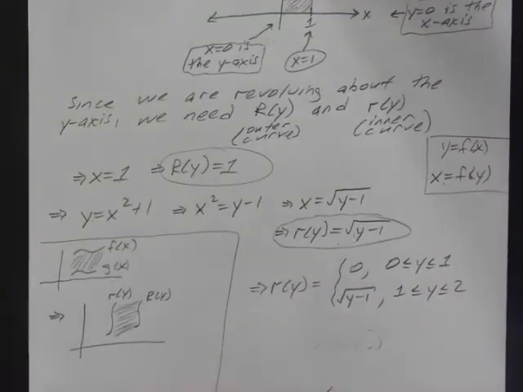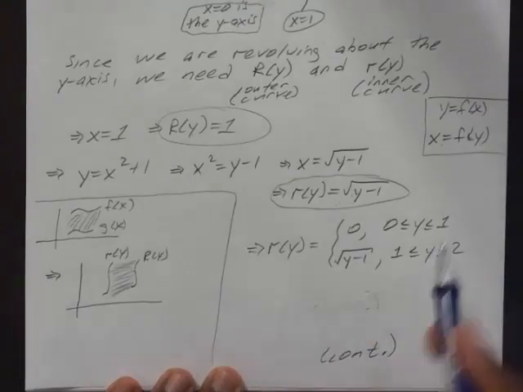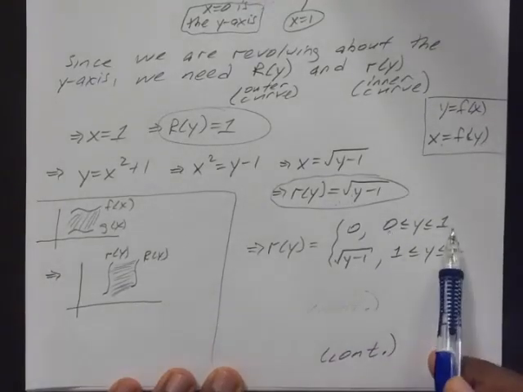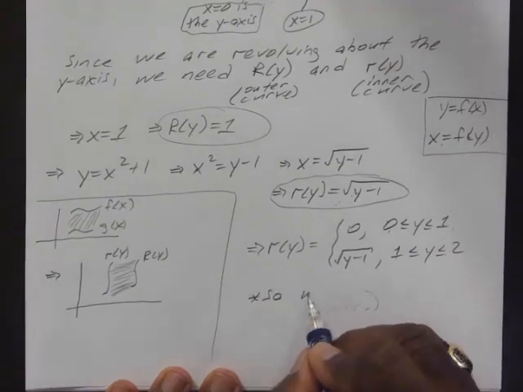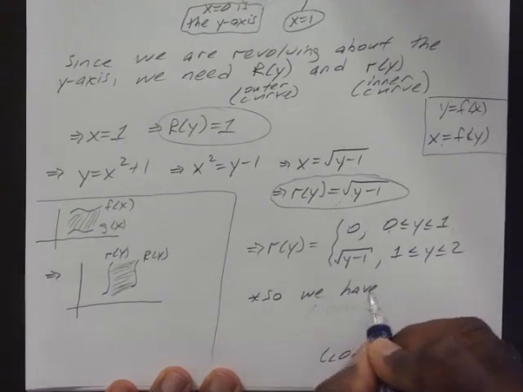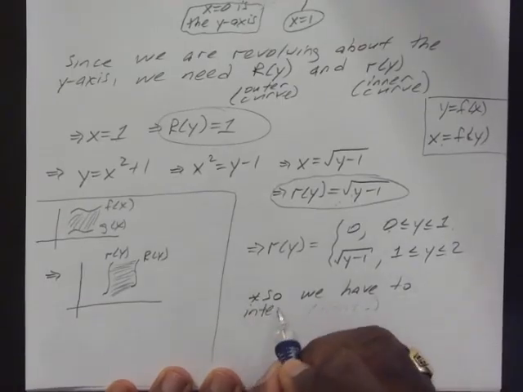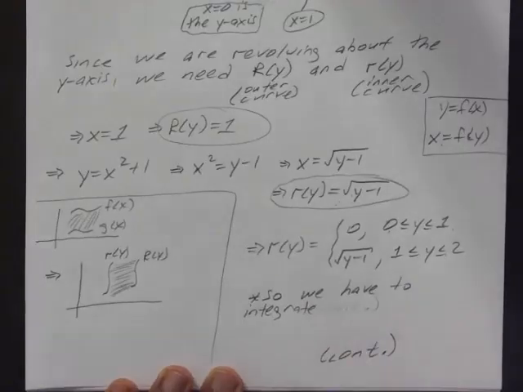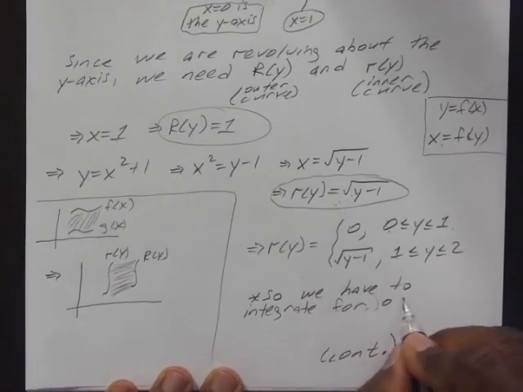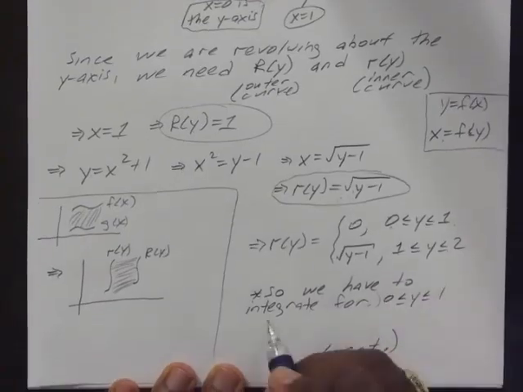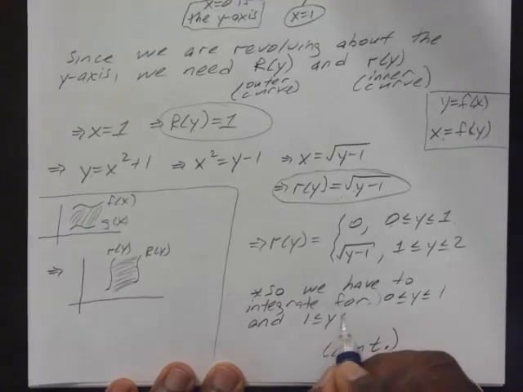There we go. Then we'll continue on the next page. Okay, so this means we have to integrate from 0 to 1 and from 1 to 2. And 1 is less than or equal to y is less than or equal to 2.